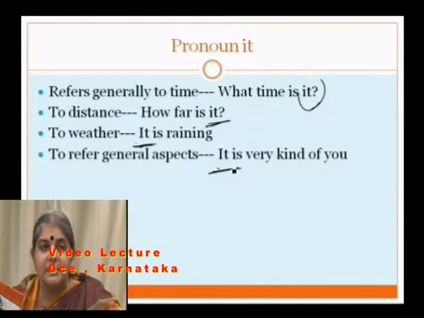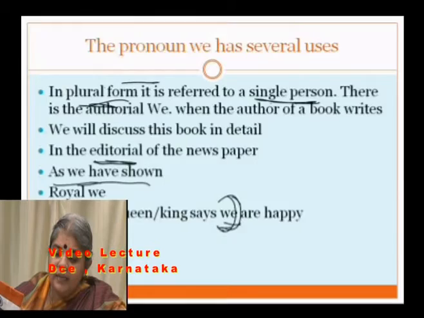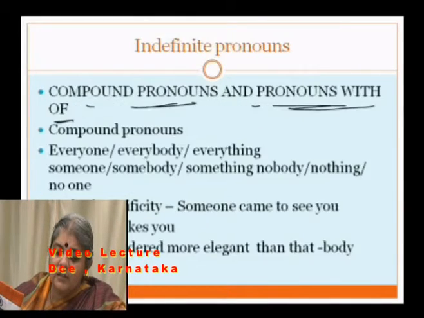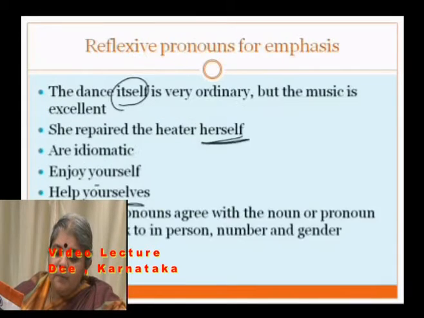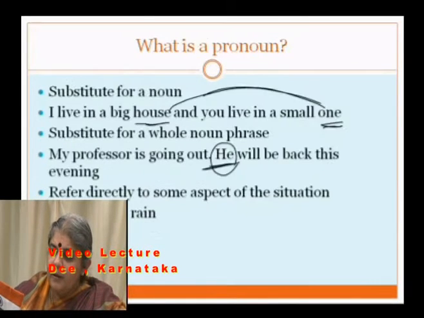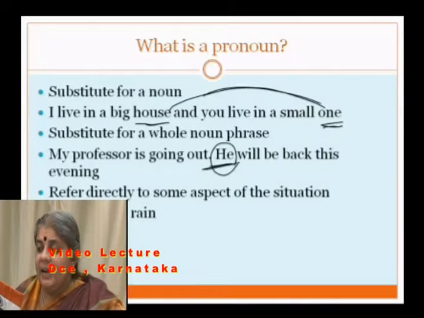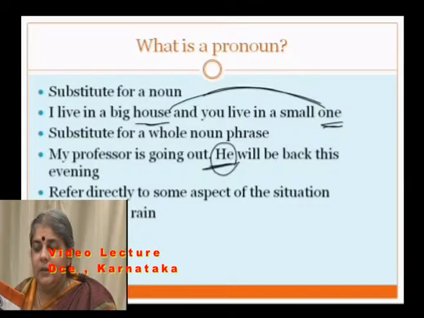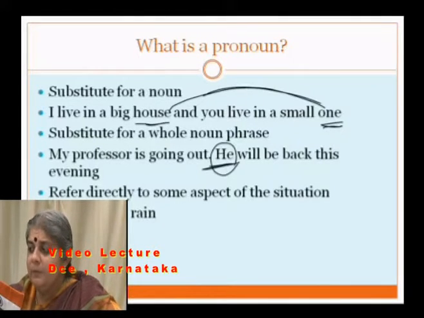Now, let us do a quick recap of what we have understood with this part of speech, that is pronoun. First, we began by understanding what a pronoun is. I said pronouns are words which substitute for a noun.